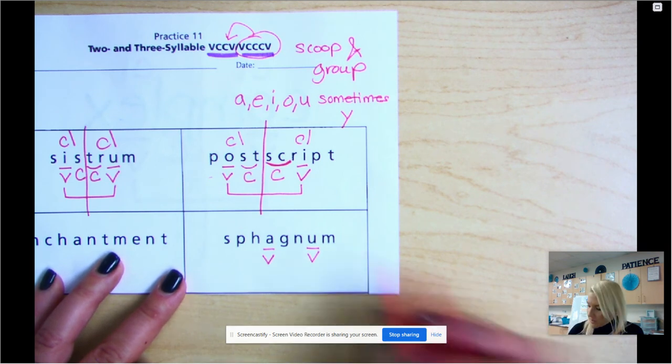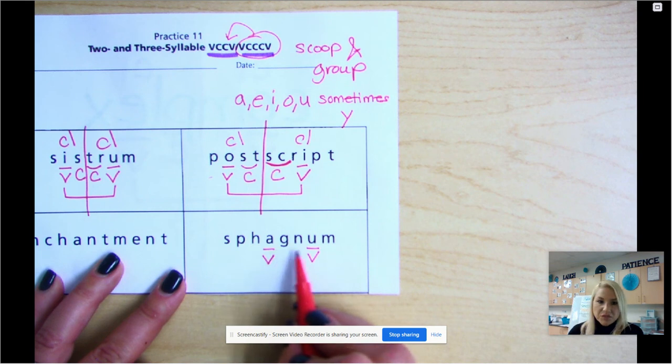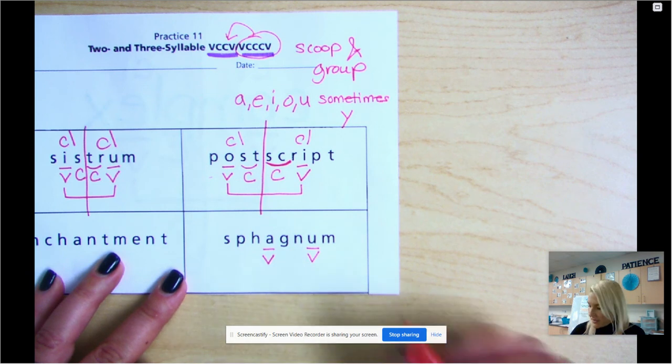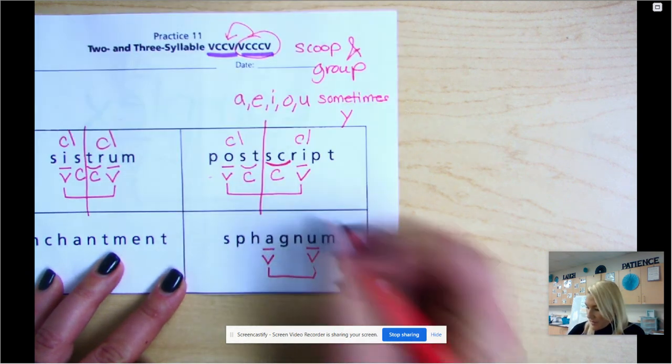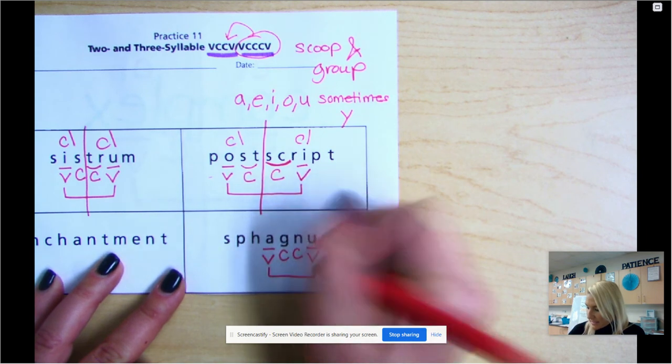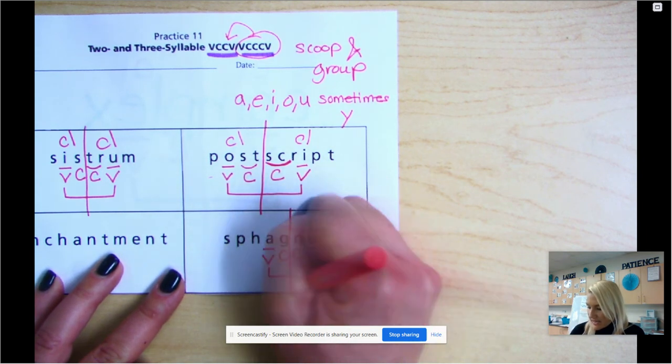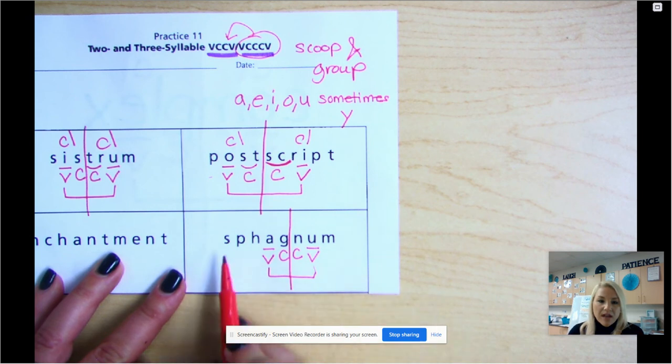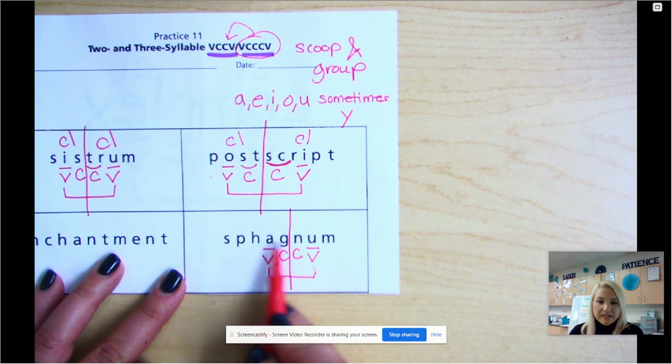Well, this one looks pretty easy for me. I have 2 C's, because I have a G and an N. So it's already a VCCV pattern. So I'm going to make my bridge, label my consonants, and I get to go ahead and divide here. So here I have to figure out, what does that PH sound mean? I don't say spag, it's sfag.